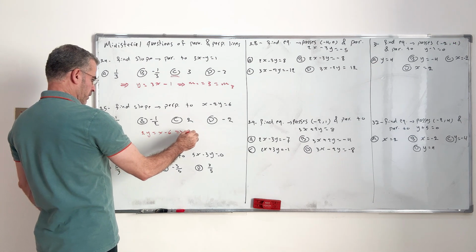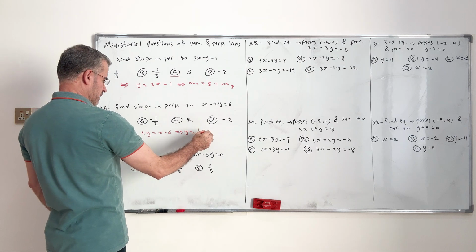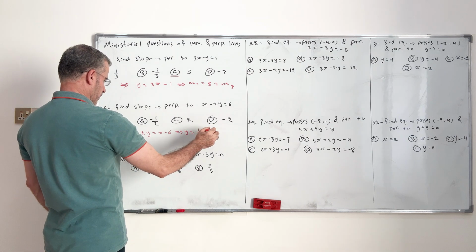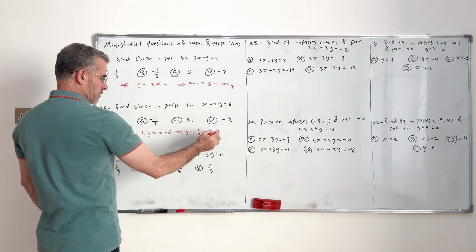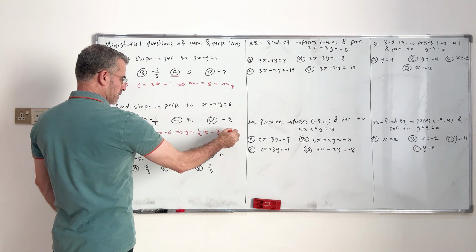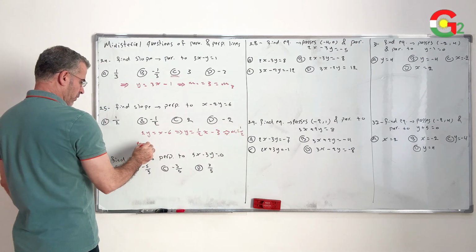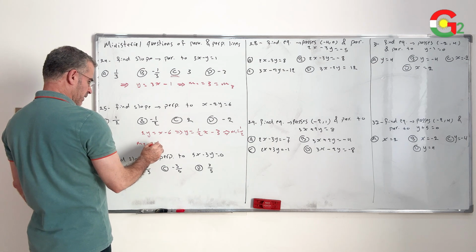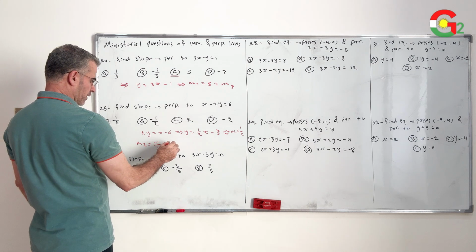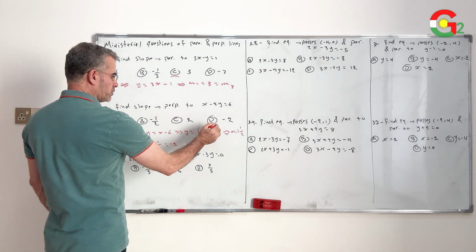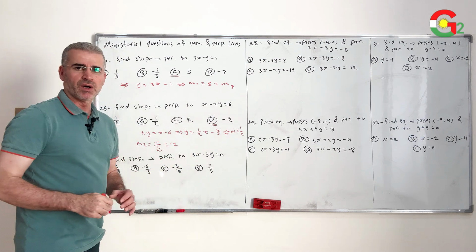Then y equal to 1/2 x minus 6 over 2, 3. The slope is 1/2. Then the slope of the needed line is negative 1 over 1/2 equal to negative 2.